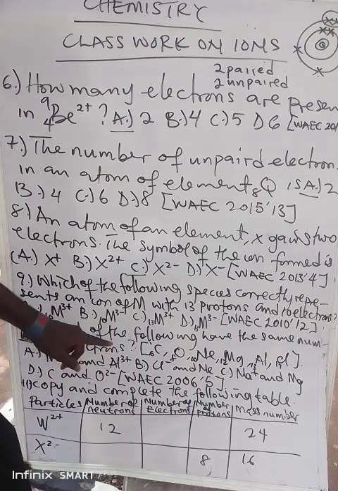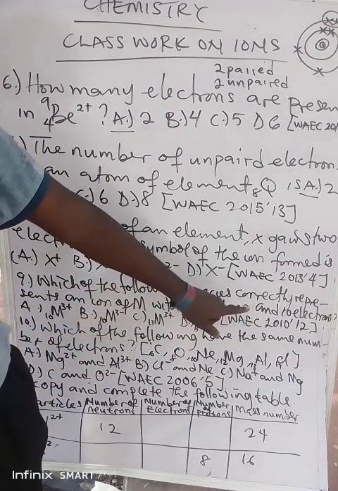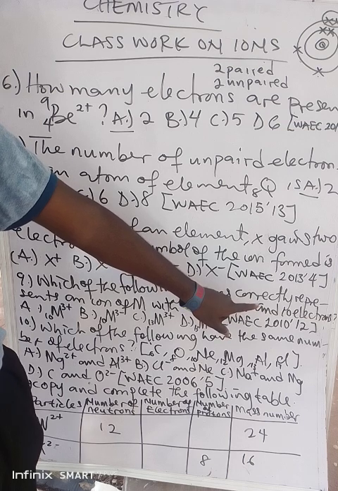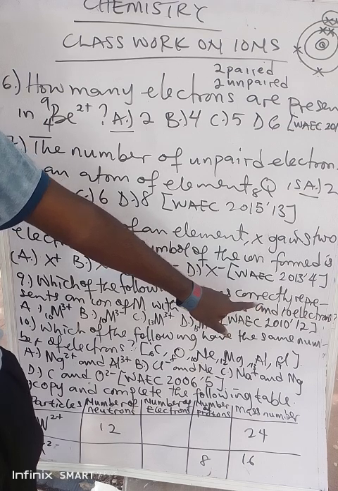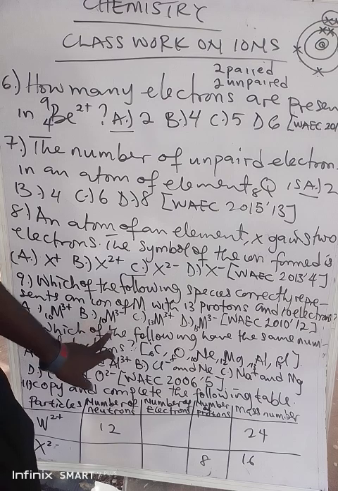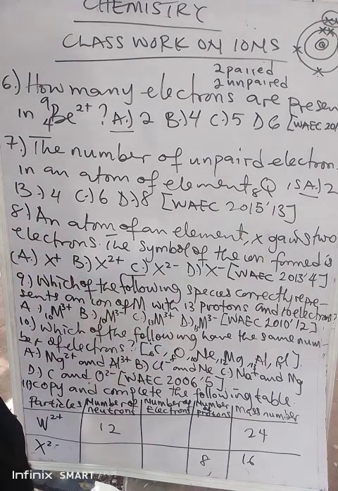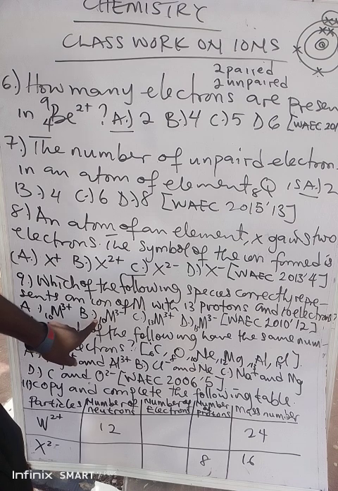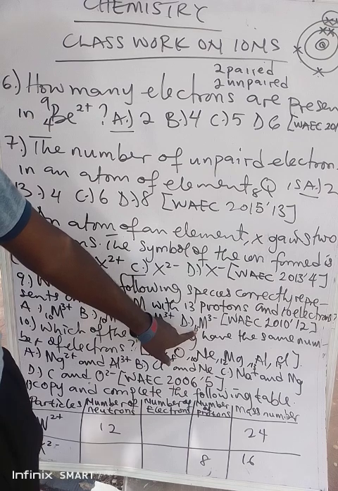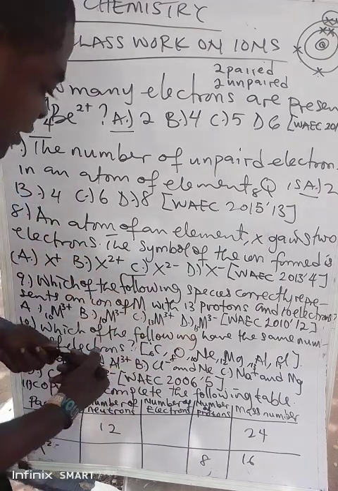So what do we use to represent something lost 3? That's negative, raised to power what? 3 minus. Are we there? So what is raised to power 3 minus here? 2 things are raised to power 3 minus: option B and option D. So what is the correct answer? Is the proton number 10? No, 13 protons. So whatever number is written here must be 13. So answer is what? D.